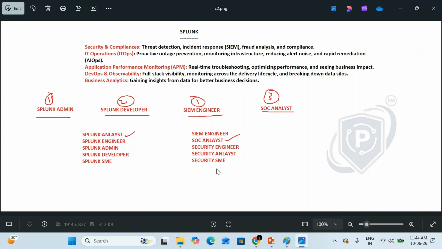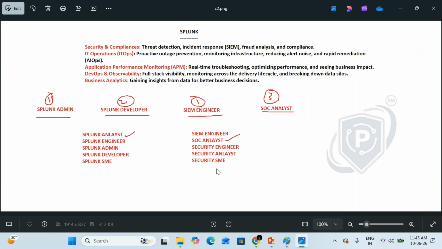SOC analyst is nothing but murder. Drugs mafia is nothing but ethical hacking. Robbery is nothing but VAPT. Example. IAM is nothing but some other crime. Got my point. Now I am talking about murder, the crime called murder in cybersecurity: SOC analyst.